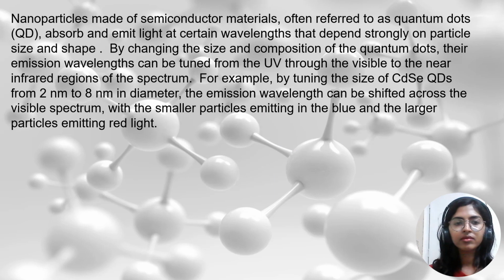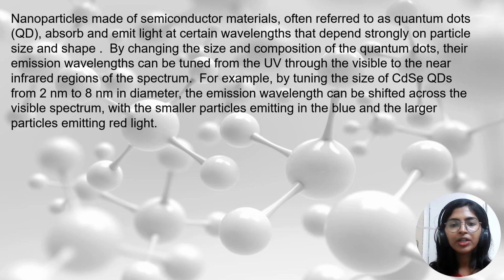Nanoparticles made of semiconductor materials, often referred to as quantum dots or QD, absorb and emit light at certain wavelengths that depend strongly on particle size and shape. By changing the size and composition of quantum dots, their emission wavelengths can be tuned from the UV through the visible to the near infrared region of the spectrum.